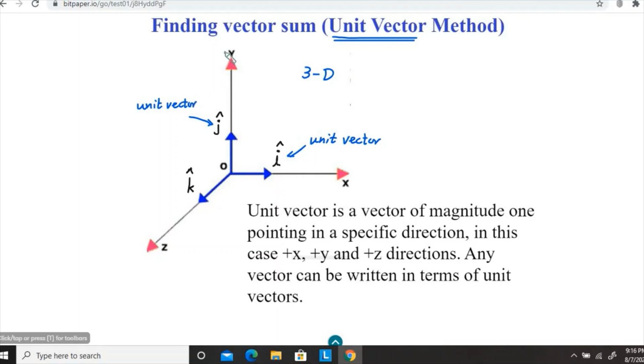Actually, the positive y direction is given by the j hat unit vector. The positive x direction is given by the i hat unit vector. The positive z direction is given by the k hat unit vector. Now, if you want to represent the negative x direction, then you will use negative i hat unit vector. So remember, unit vectors are used to define a certain direction in space.